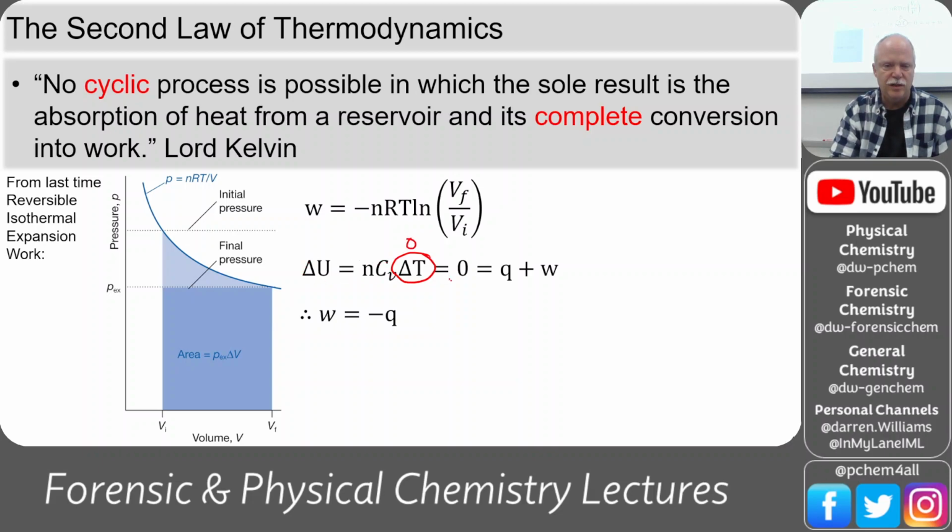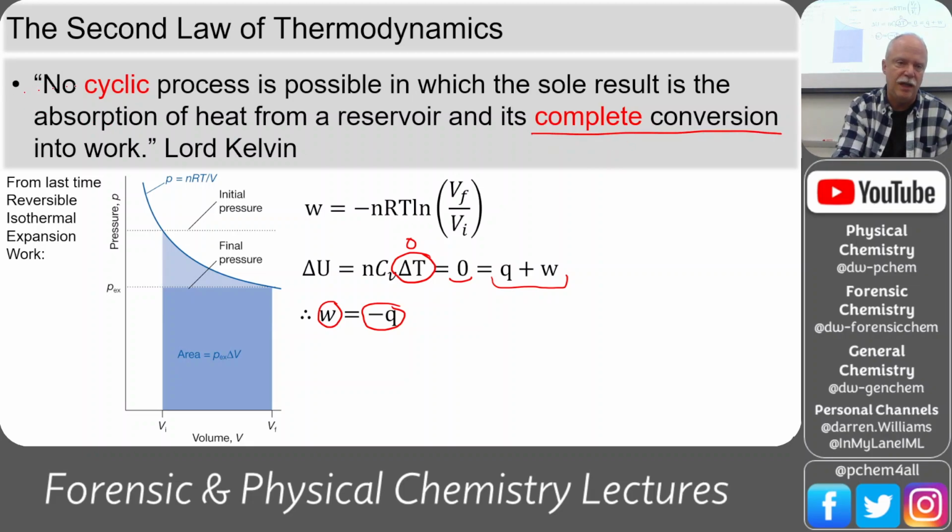So delta U was 0, and delta U is equal to the heat plus the work. And so if the heat plus the work is 0, then heat has flowed into the system and we did work. It was completely 100% converted into work. And yet this up here says that seems to be impossible.